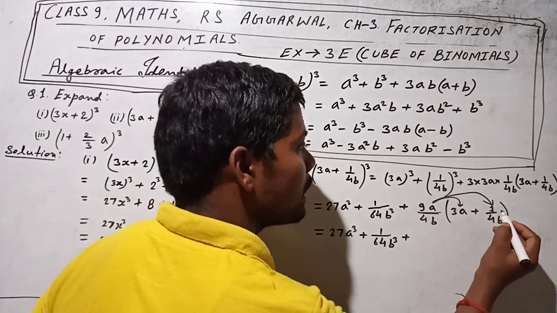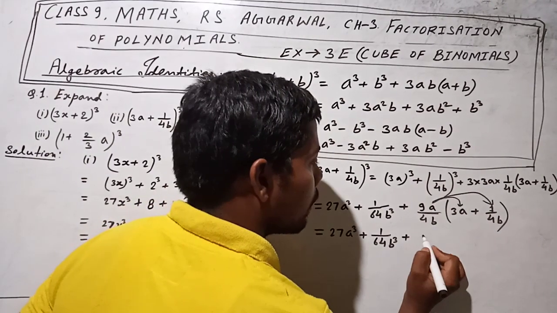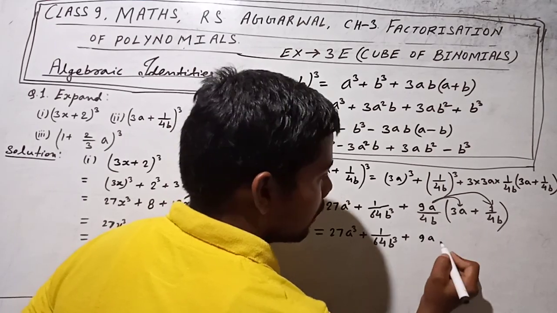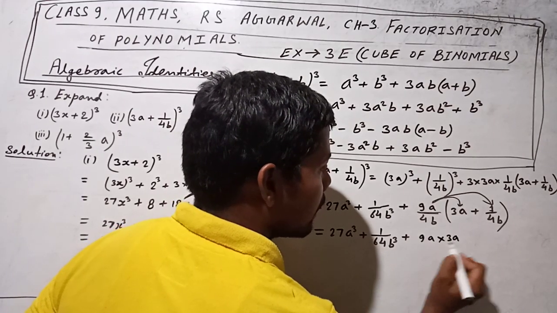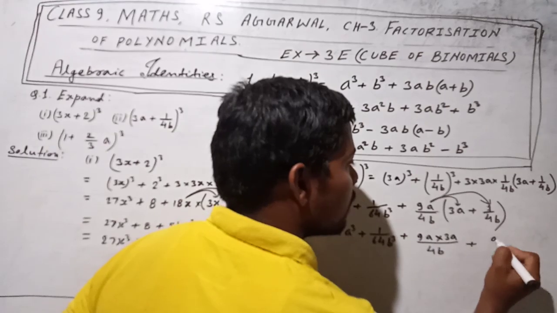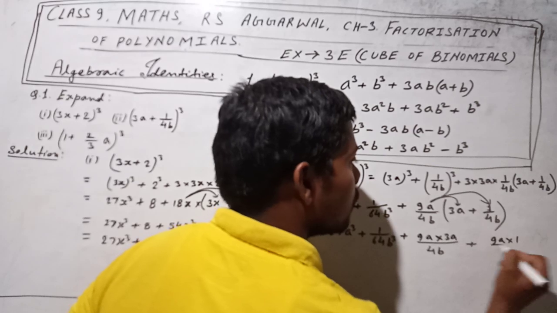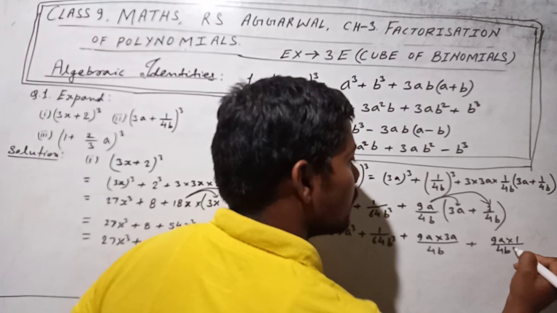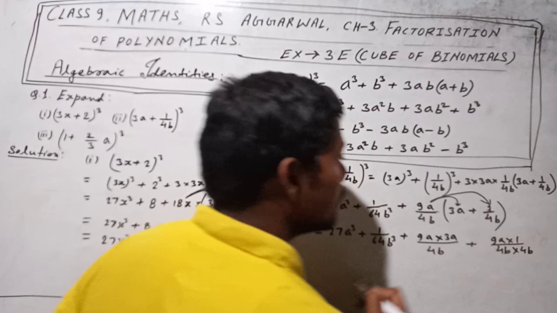Multiplying, we get 9a into 3a by 4b plus 9a into 1 by 4b into 4b.